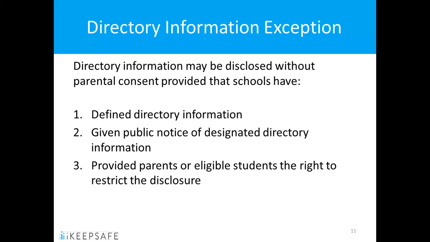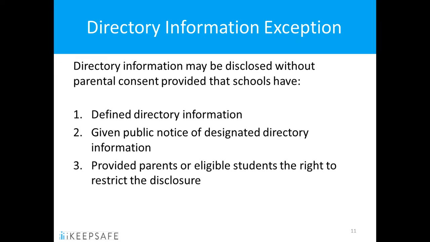First, the directory information exception. We already know that directory information is the information contained in the education records of a student that would not generally be considered harmful or an invasion of privacy if disclosed. This information may be disclosed to third parties without parental consent, provided the schools have: 1. Defined the directory information they intend to disclose. 2.